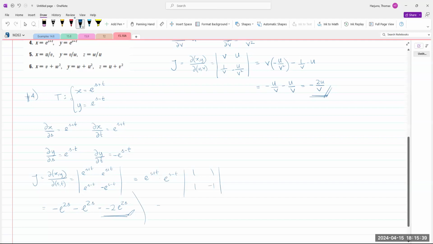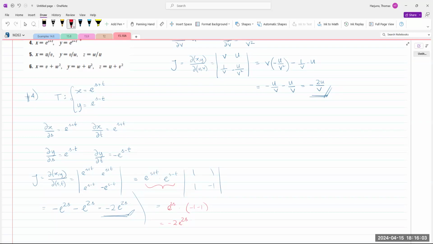So when we compute this, it will give us e to the 2s times negative 1 minus 1. That gives us negative 2 e to the 2s.